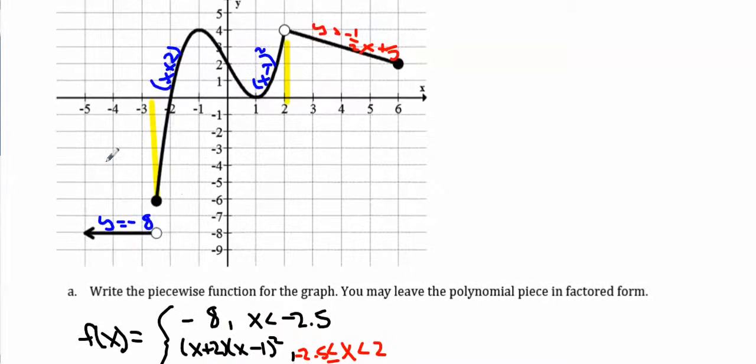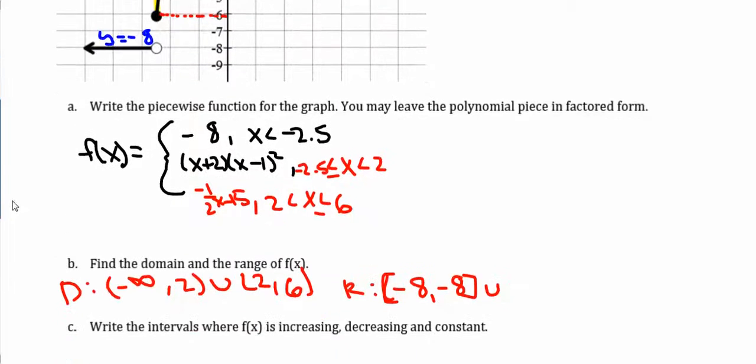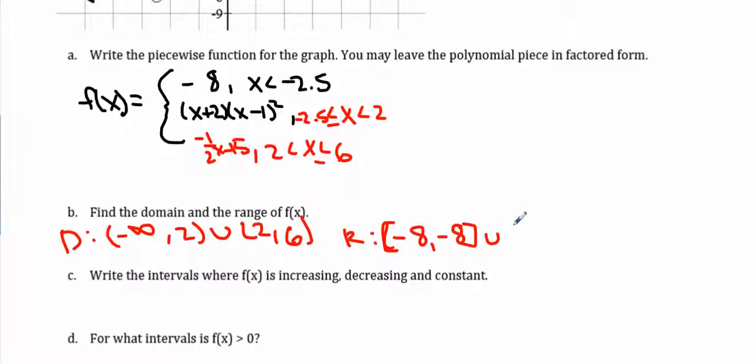What else? Negative 6 all the way to 4, and it is defined at 4, so it gets a bracket, and it is defined at negative 6, so it gets a bracket. The answer key that's posted on Blackboard, I just realized is a mistake.